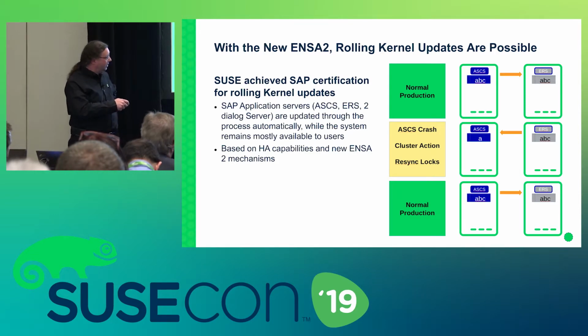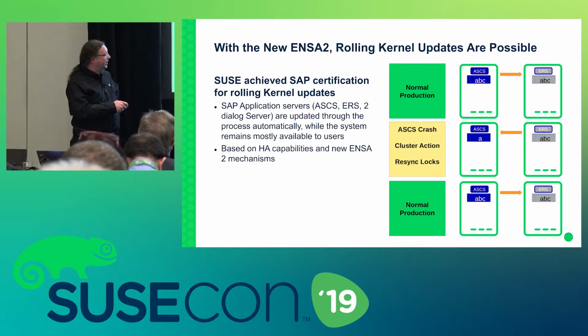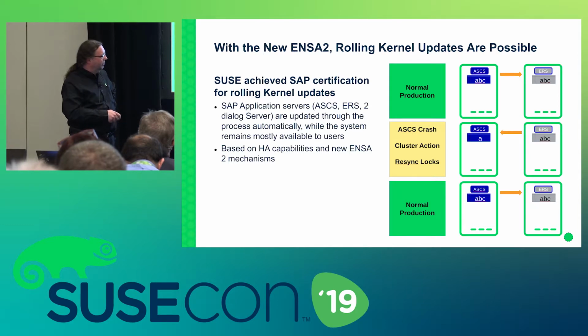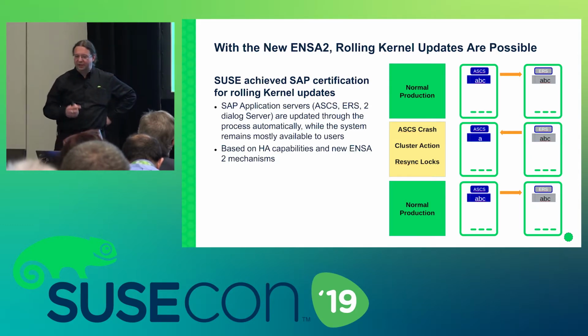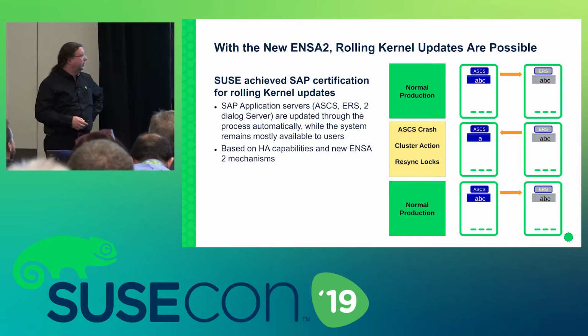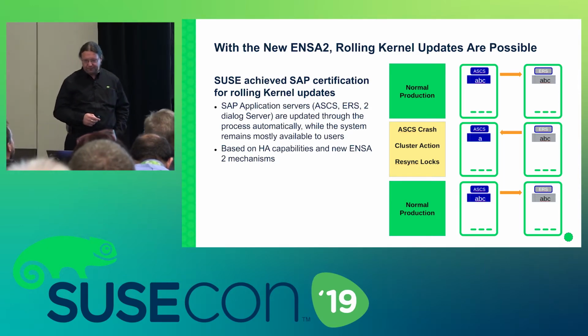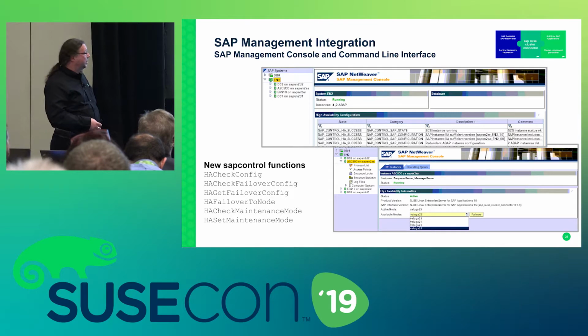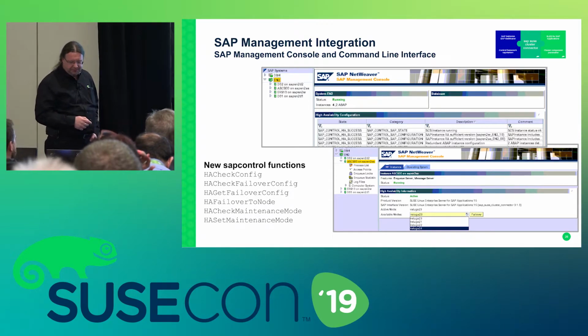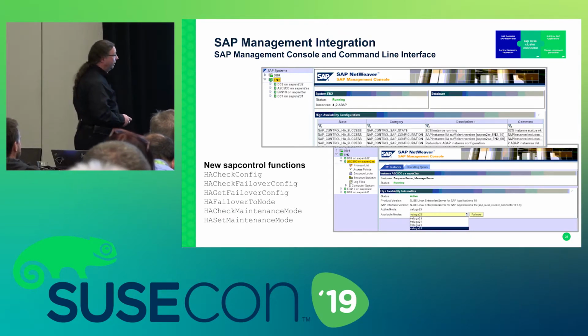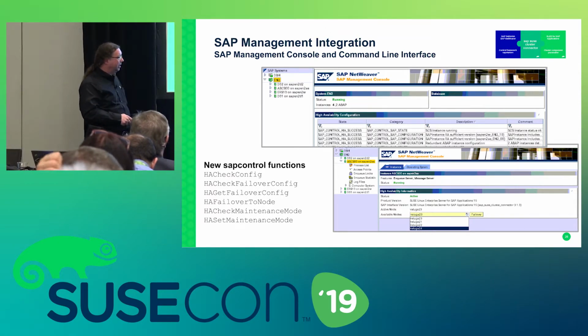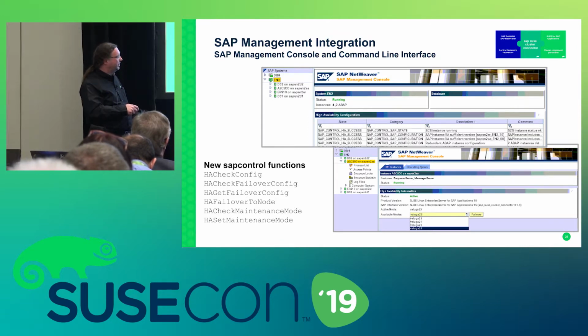And you see here that the big new thing with Enza 2 is that basically the replication changes and the central instance moves over, so it's much easier, and there was quite a bit of work that has been done in this space. And there are also enhancements on the integration of the SAP Management Console, which means that you can basically now also move, for example, the central instance to a different server.